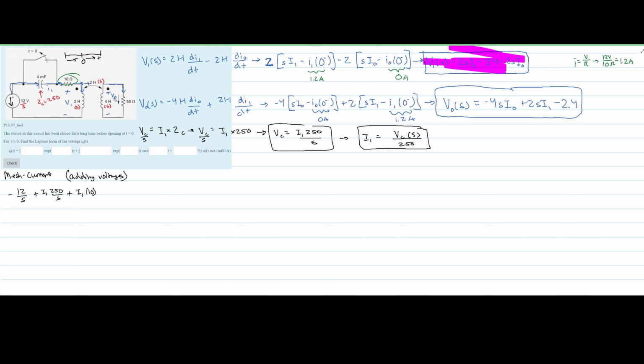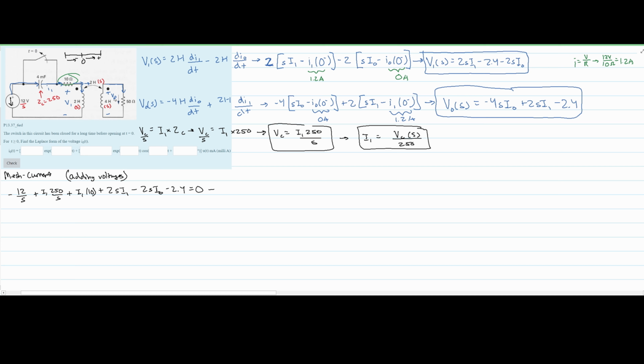We found our V1 here. So we are going to have a plus 2SI1 minus, and then I'm just going to put the back first, 2SI0, and then minus 2.4. And this is going to be equal to 0 per the formula.